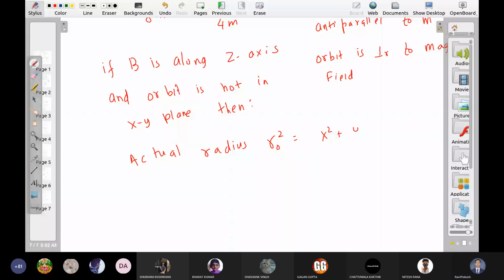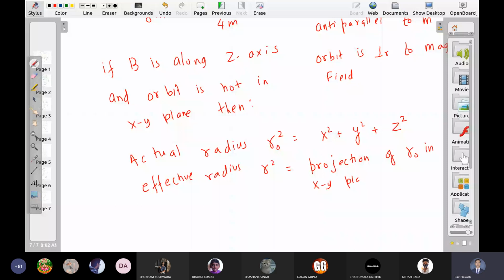The effective radius, let me call it r, square is equal to the projection of r naught in the xy plane. How much is it? Simply x square plus y square.